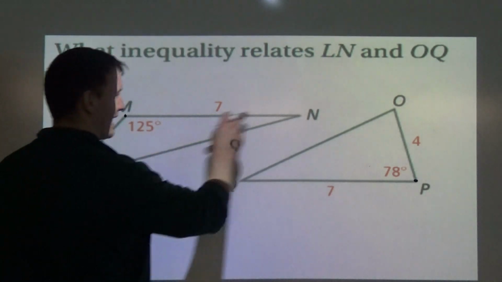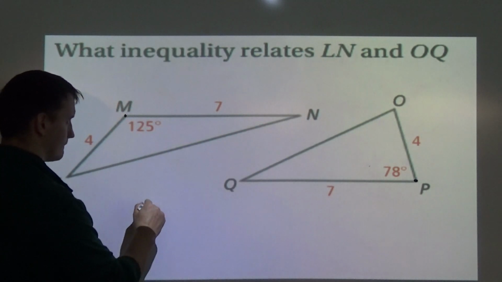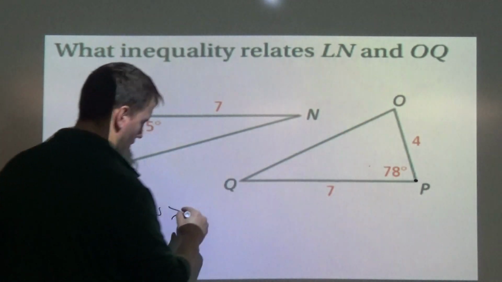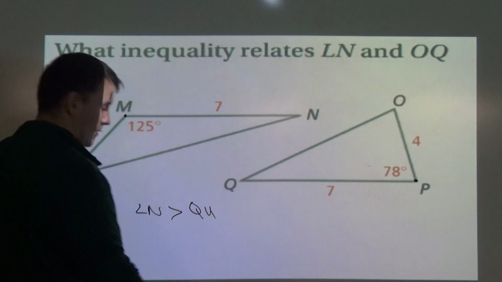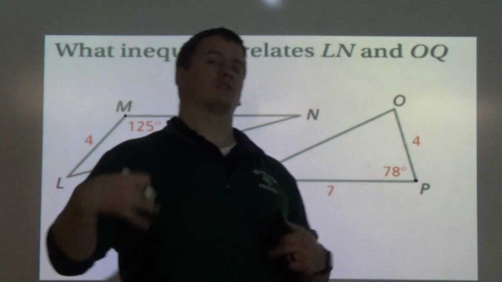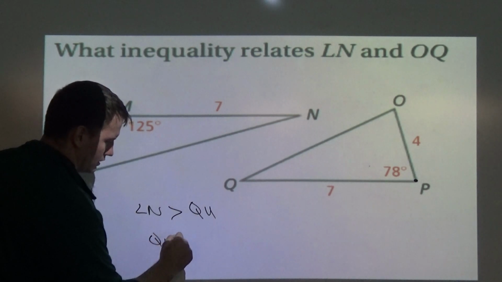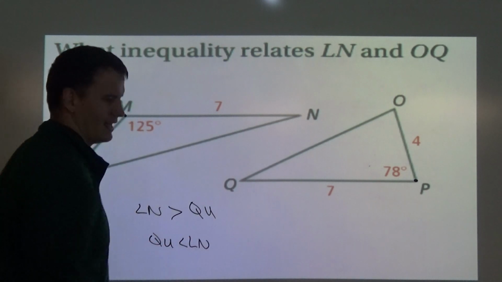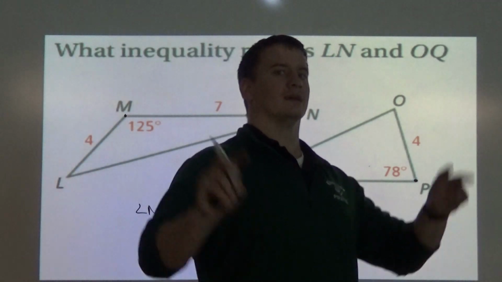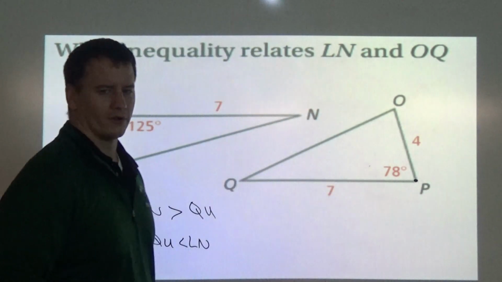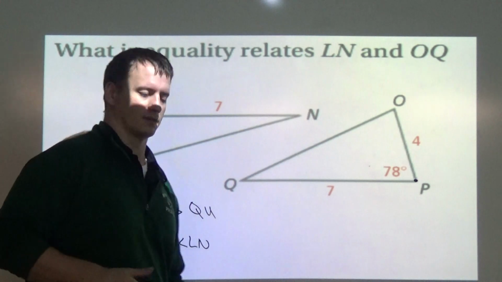So this side, LN, is going to be larger than QO. Remember, you could write the opposite of this also, which is that QO less than LN. That means the same thing if you're comparing answers with your neighbor or the back of the book.